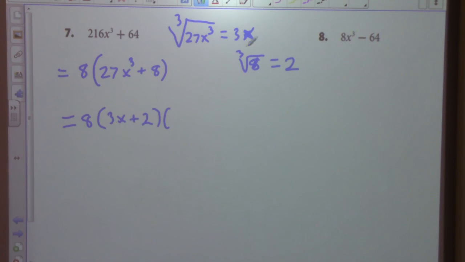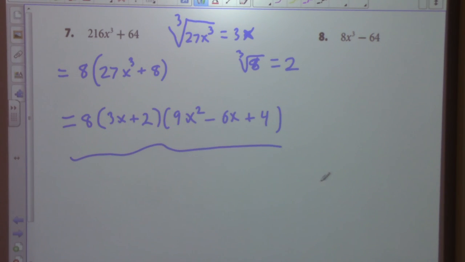So if we square 3x, what do we get? 9x squared. And then, that's plus, so this is going to be minus a times b. So 2 times 3x is 6x, plus 2 squared, which is 4. So is that our answer?